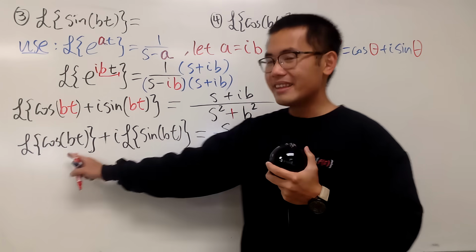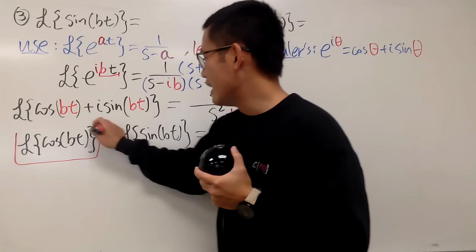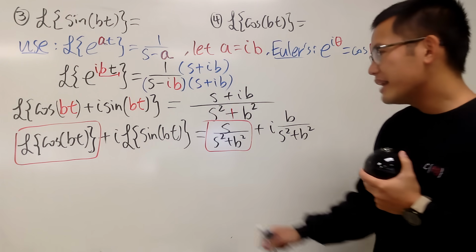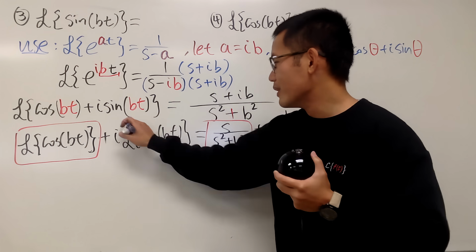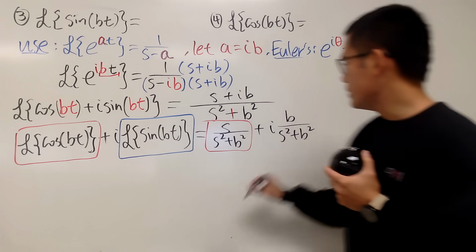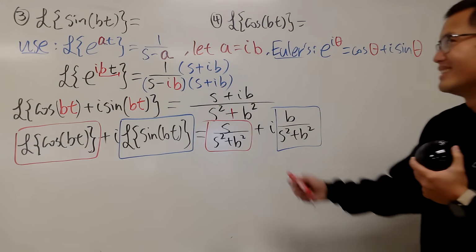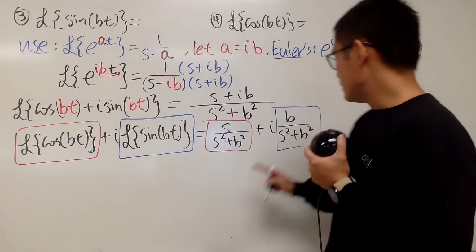Because this and that, they are both the real part. So, of course, this has to be equal to that, isn't it? And then this is the imaginary part, so is that. So this has to be the same as that. And with that, we are done, because you will see that the Laplace of sine bt is nicely equal to this.